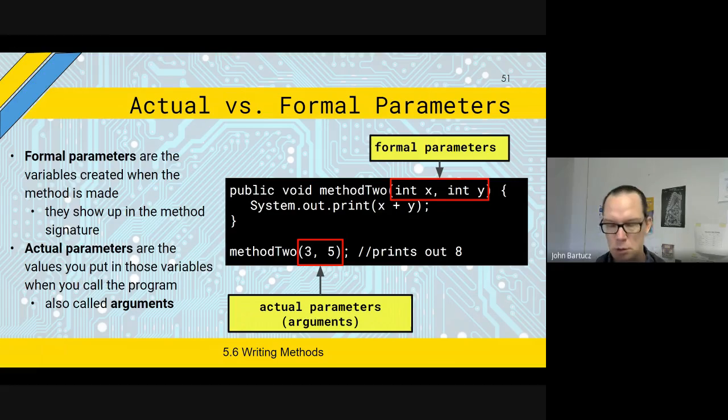A parameter is what you define in your class. So that is technically called the formal parameters. So when you define your method, like in your setters, your mutators, you have to include a parameter.